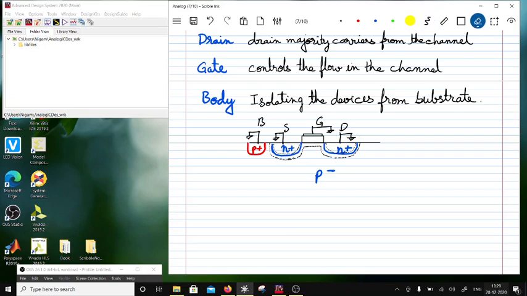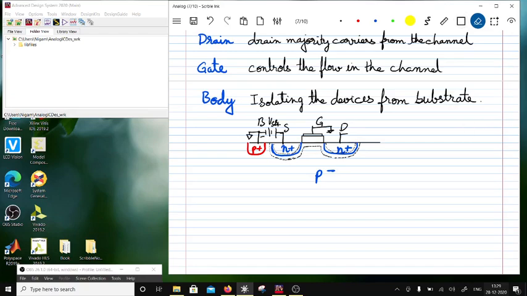Now let us do one thing. Let's assume that I have a certain source to body voltage here. So let's say this is ground, and this is going to be a voltage between source and body. So this is plus minus, and we call this VSB. Now for the operation of the device, I am going to assume that this is also sitting at VSB.